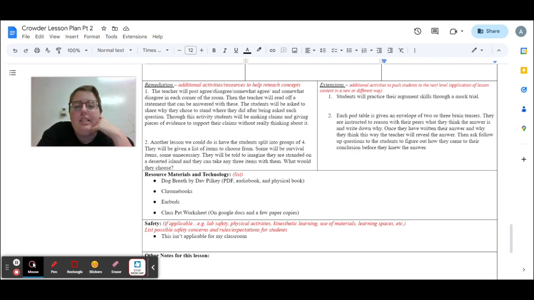The reason I put this as an extension, not remediation, is because I think that it takes a lot more to answer brain teasers intellectually. You really have to synthesize the information being told to you, and you really have to use context clues.